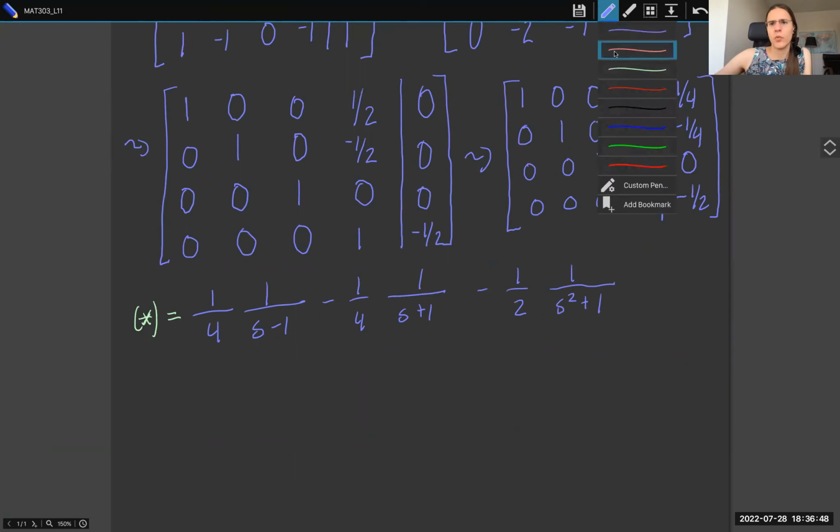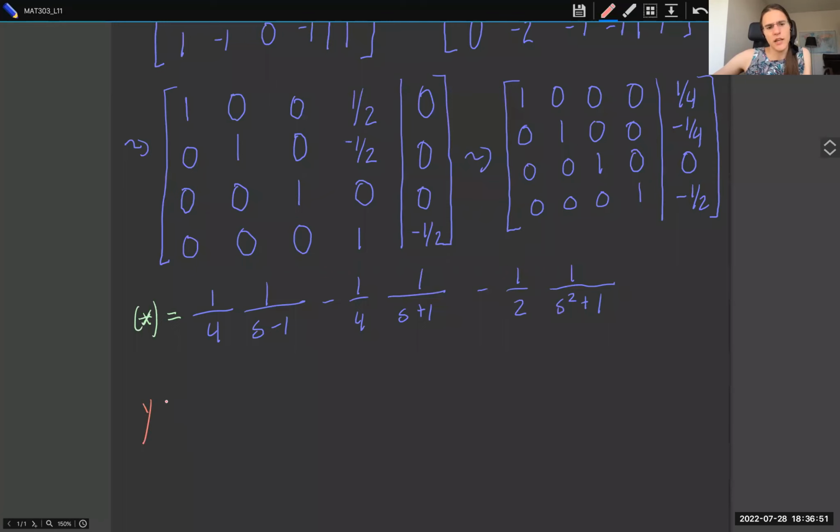So what y is equal to is the inverse Laplace transform of the Laplace transform of y, which is equal to, and then we can just read it off.